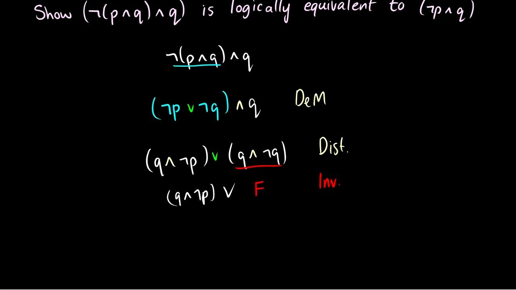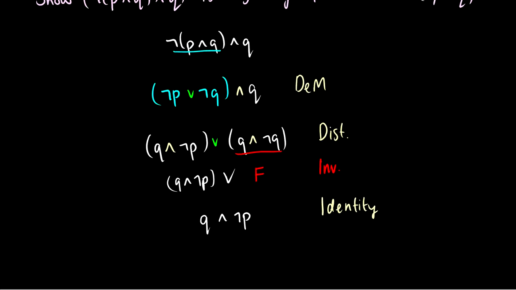Well, anything or false is just left with the anything I had before, because that is an identity law. And we just saw this earlier too. This is identity. So we're left with Q and not P, which then, using commutativity, we can flip the order around to get not P and Q, and that's by commutativity.